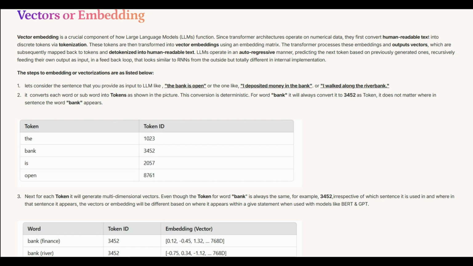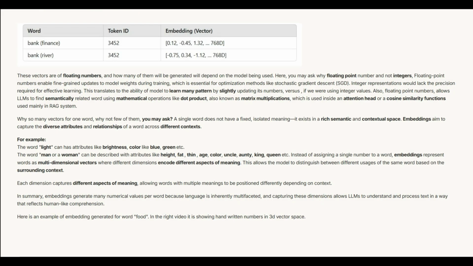These vectors are floating point numbers, and how many of them will be generated depends on the model being used. Here you may ask why floating point numbers and not integers. Floating point numbers enable fine-grained updates to model weights during training, which is essential for optimization methods like stochastic gradient descent, SGD. Integer representations would lack the precision required for effective learning.